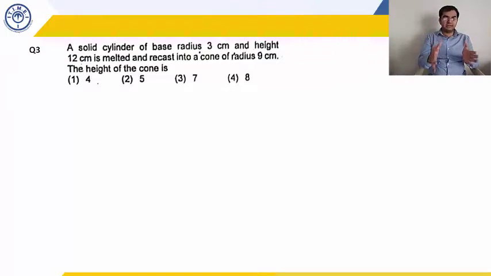What is remaining the same in this question that you have to use? Like we used the length of wire remained the same and we used that. Here, what remains the same?